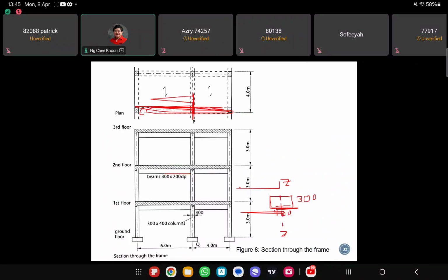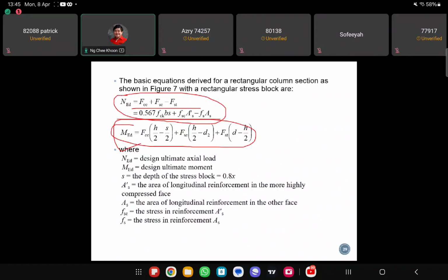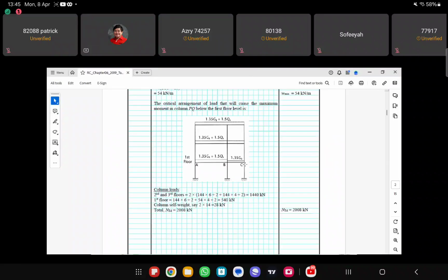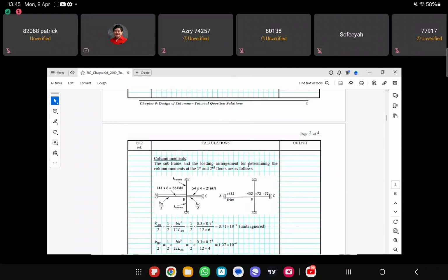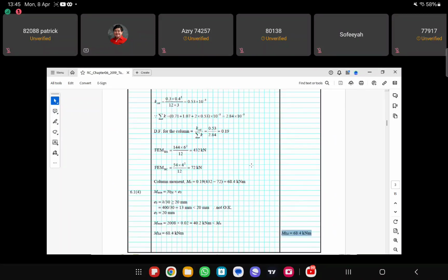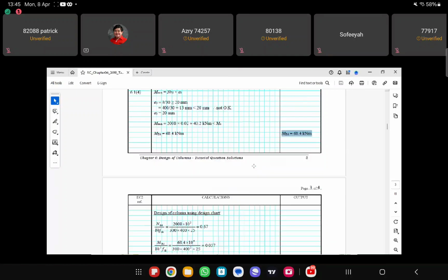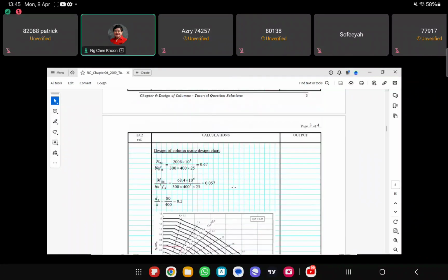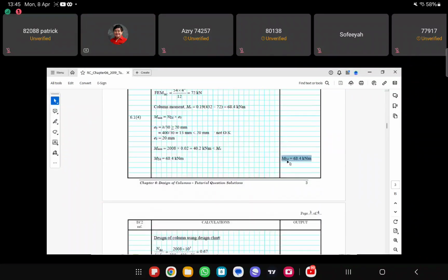I think I forgot to put in the description saying that this is a short column. Or do we have the calculation later on to show that it's a short column? It's not mentioned anywhere, but take it as a short column in this case, right?